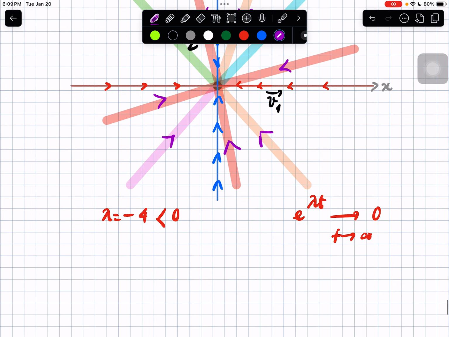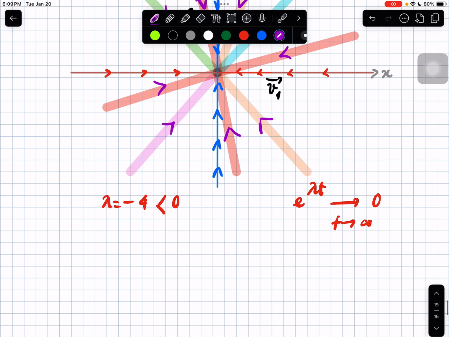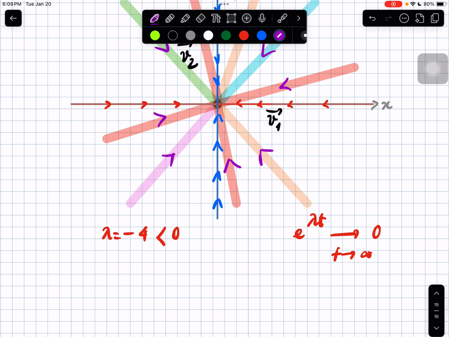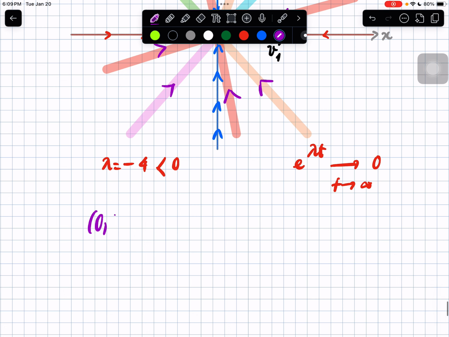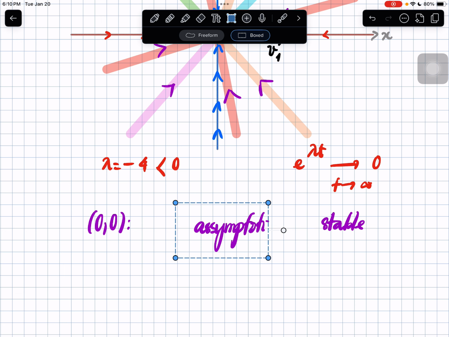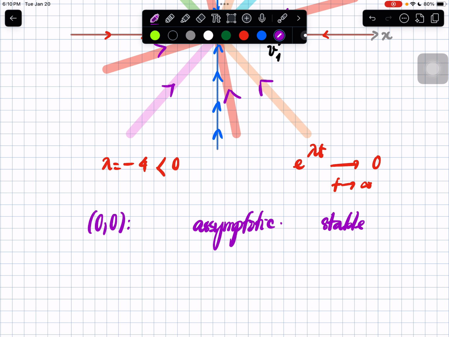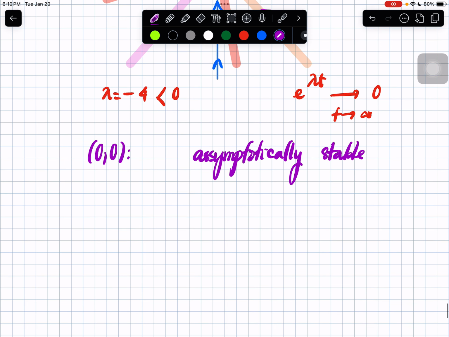So the question only asks us whether the critical point (0, 0) is stable or not. And the answer is (0, 0) is stable, and actually asymptotically stable. And it is even a nodal sink in our case.